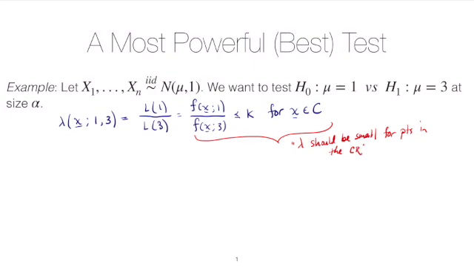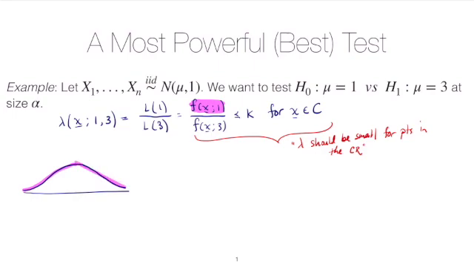Well, let's think about what that would mean visually. So suppose we had our distribution under the null. And so this curve here, let me highlight, this is the distribution under the null hypothesis.